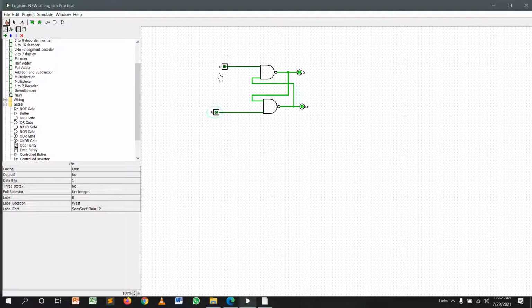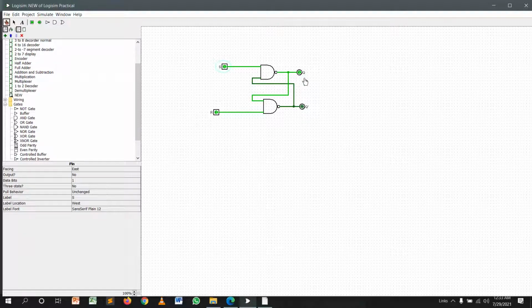When we input set as 1, you can see Q bar is 1 and Q is 0. This is one situation in this latch, and in the second one S is 0 and reset is 1. Then you can see Q is 1 and Q bar is 0. Then let's see the situation when both inputs are 1.